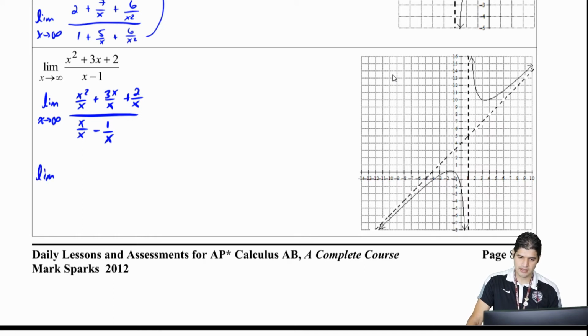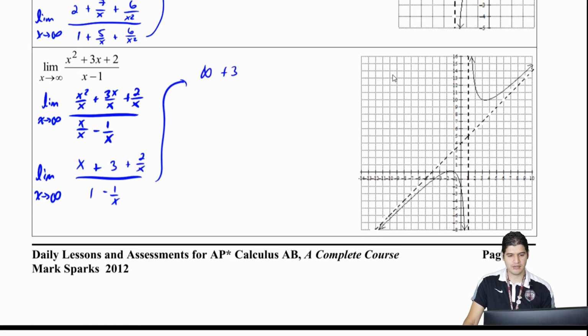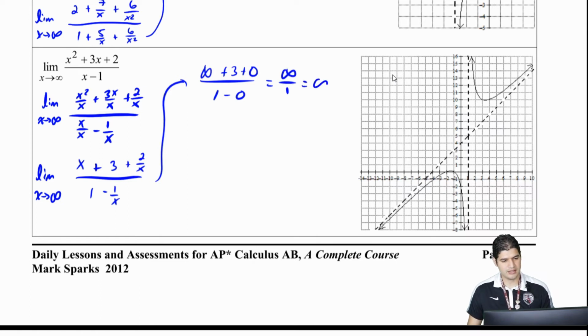So the limit as x approaches infinity, that's going to be x plus 3 plus 2 over x, all over 1 minus 1 over x. All right, let's see what happens when I substitute in that infinity. So then I'll get infinity plus 3 plus 0 over 1 minus 0. All right, so infinity plus 3, that's going to get me infinity, over 1, which is infinity.